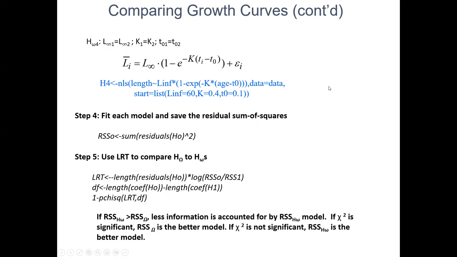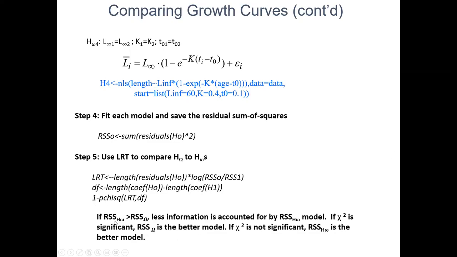And then the way you do the likelihood ratio tests, and I provided the full code for you in the script file, is to get the residual sums of squares, which you can get just by using the residual function on the output object, and then calculate the difference in the log likelihood ratio test using the global model RSS and then the alternate model RSS in the denominators, and then calculate degrees of freedom and then the chi-square significance.